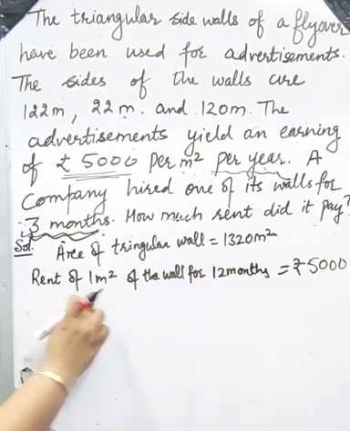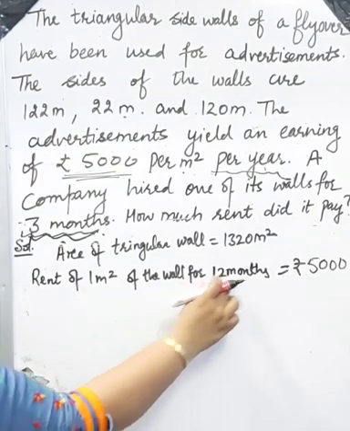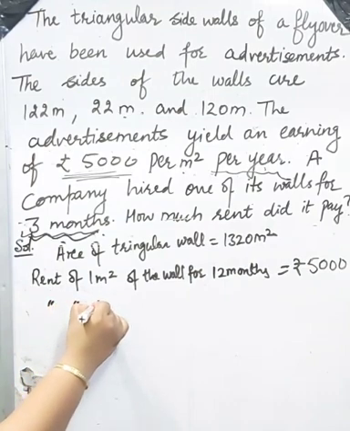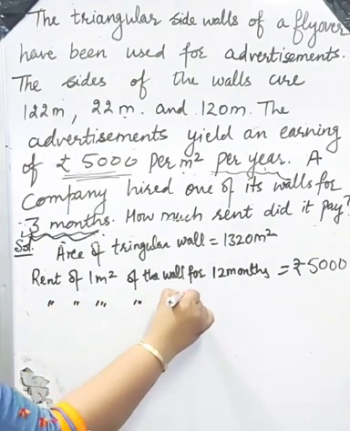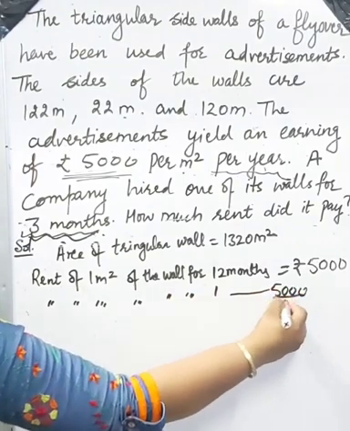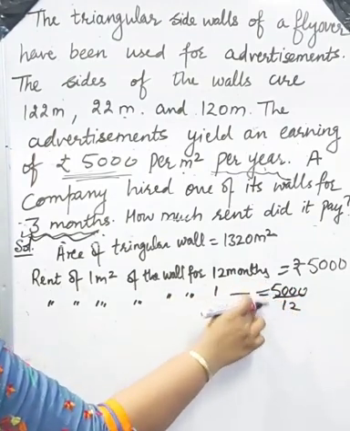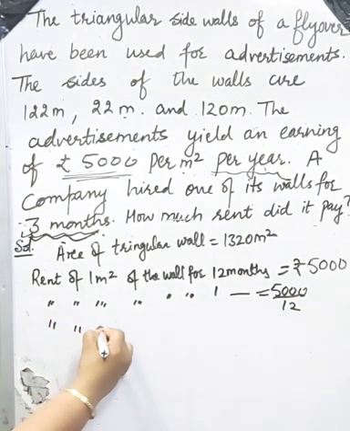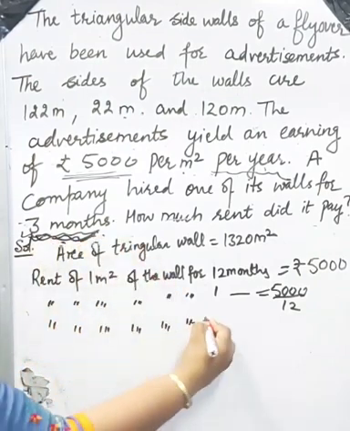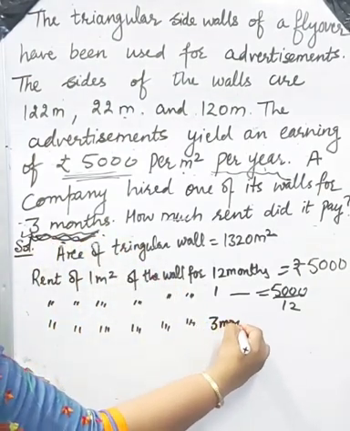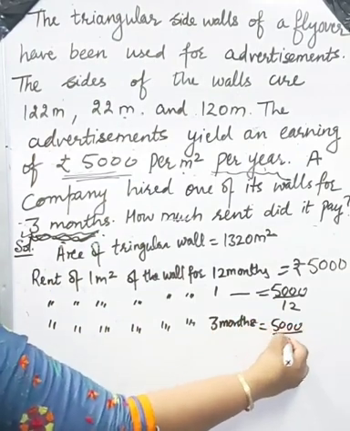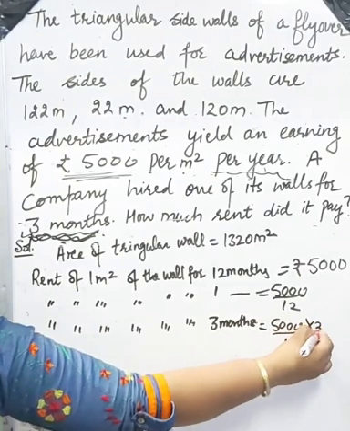It means the rent of 1 meter square of the wall for 12 months equals rupees 5,000. Now the rent of 1 meter square of the wall for 1 month will equal 5,000 by 12. Next line: the rent of 1 meter square of the wall for 3 months will equal 5,000 divided by 12 into 3.